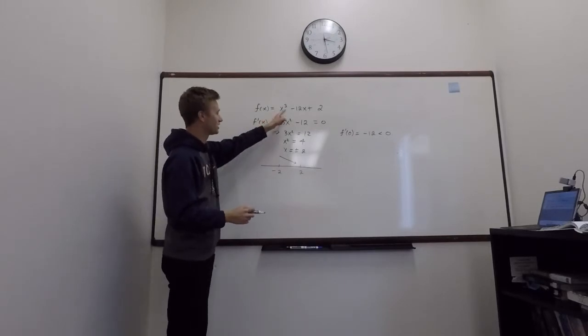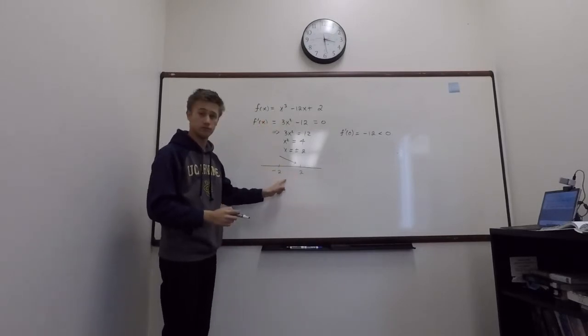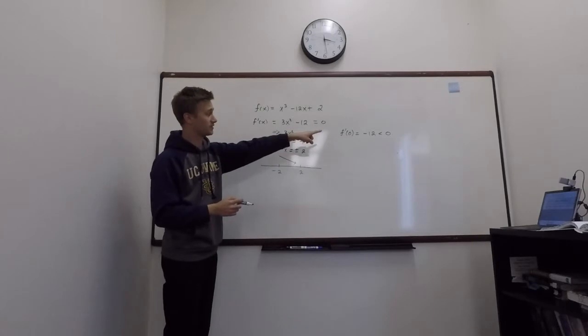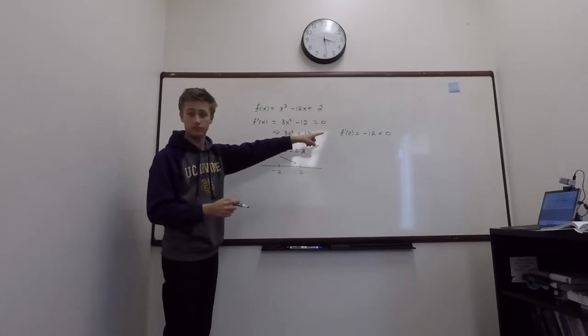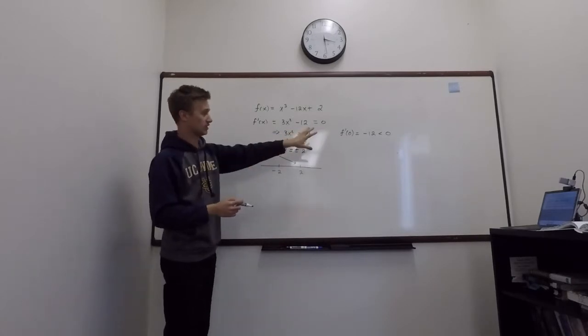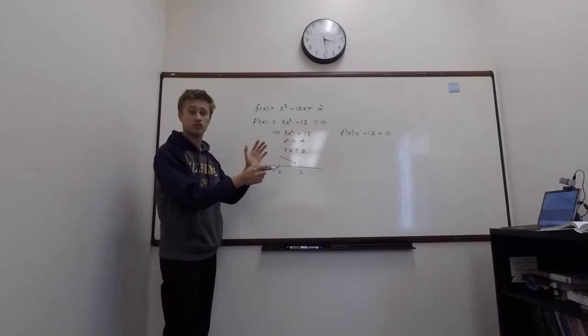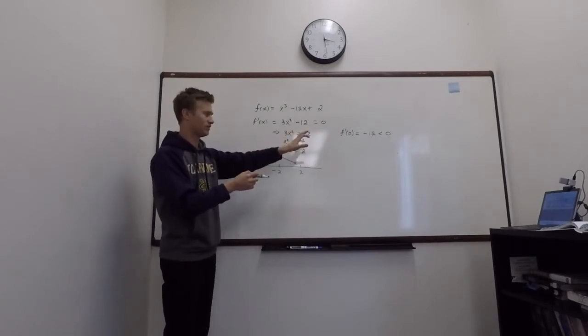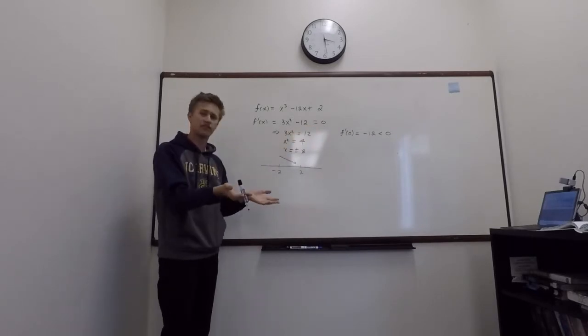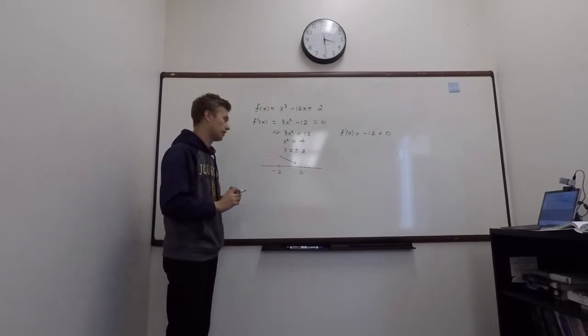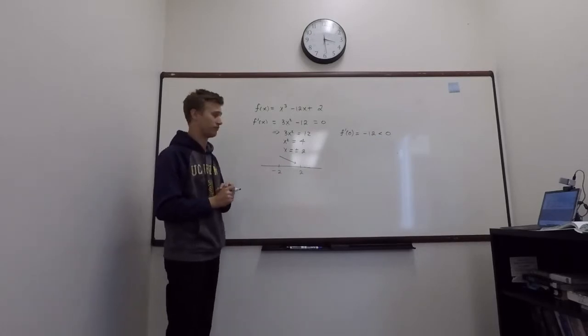So our function is decreasing on this interval. Why? Because the derivative is negative. We'll show a picture of why, if the derivative is negative, the function is decreasing, but we'll explain that in a different video.